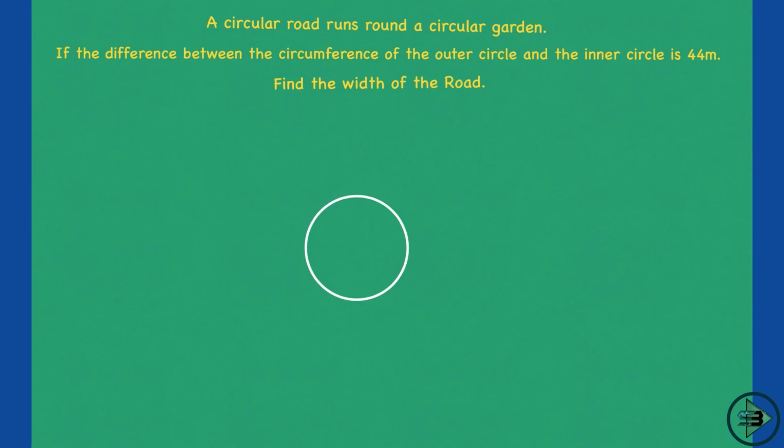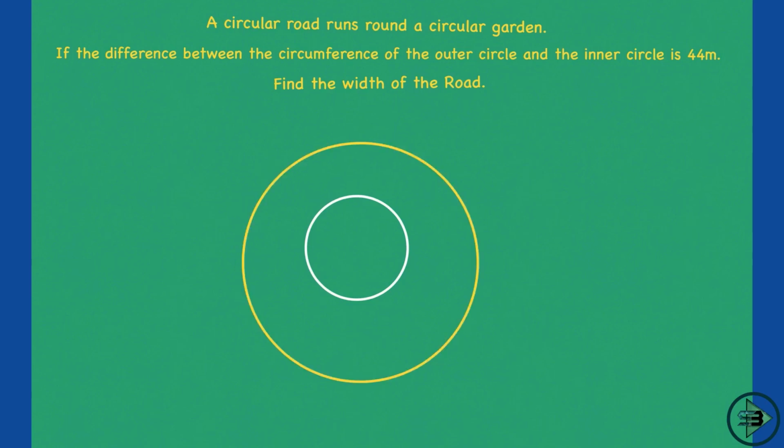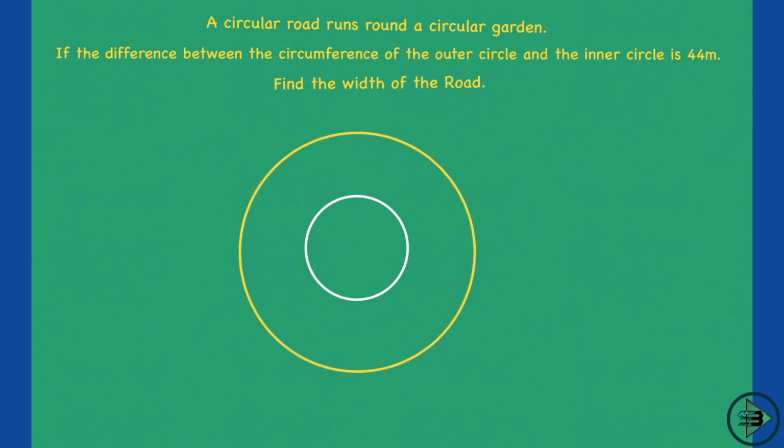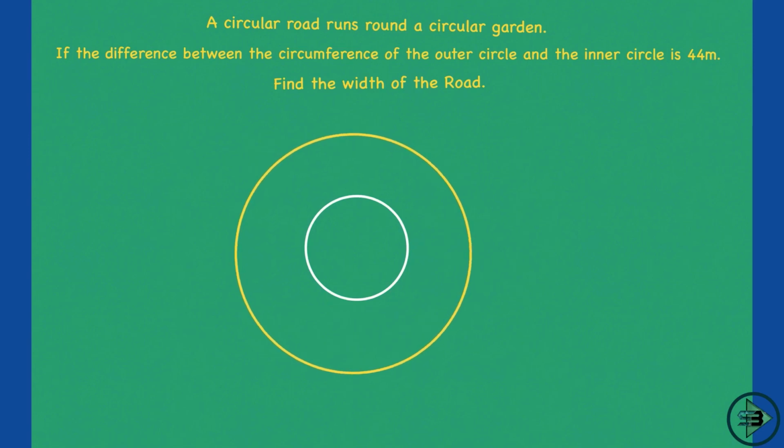So let's just draw it in yellow. This will be my circular road that runs along a circular garden. Okay, this is what I get from this. If the difference between the circumference of the outer circle and the inner circle is this, let the radius of the outer circle be capital R, and let the radius of this inner smaller circle be small r.